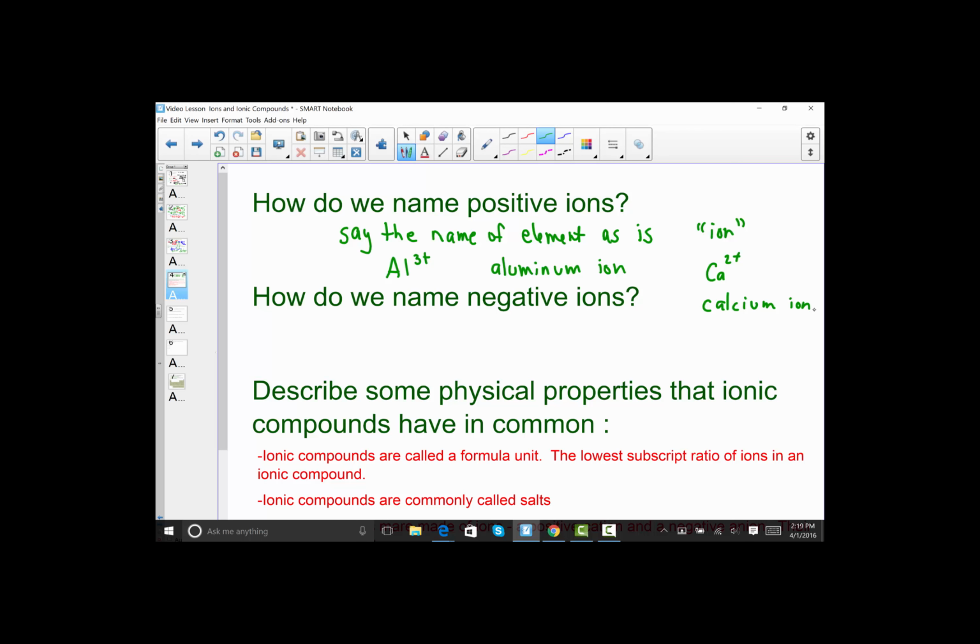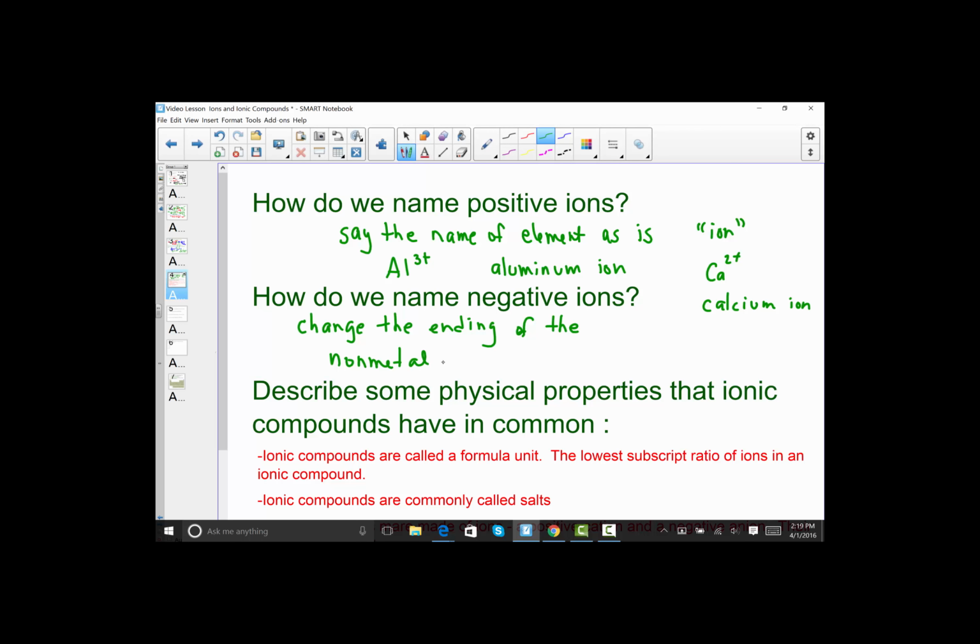How do we name negative ions? Well, to name negative ions, we change the ending of the original element, and remember, these will be nonmetals.